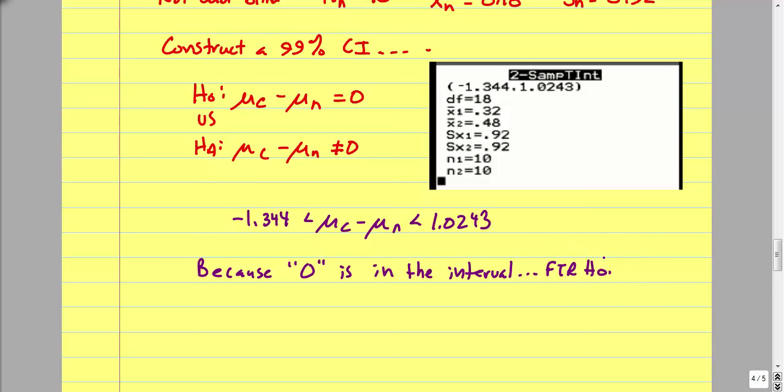Okay? So if we had to draw a conclusion here, does this suggest that the population means are different?